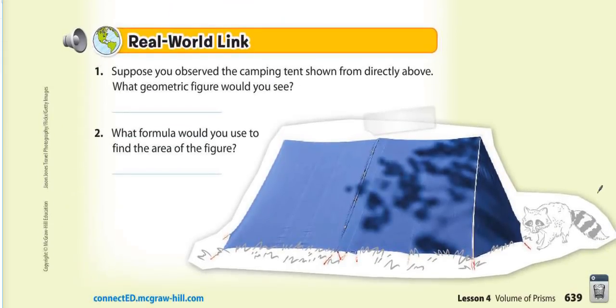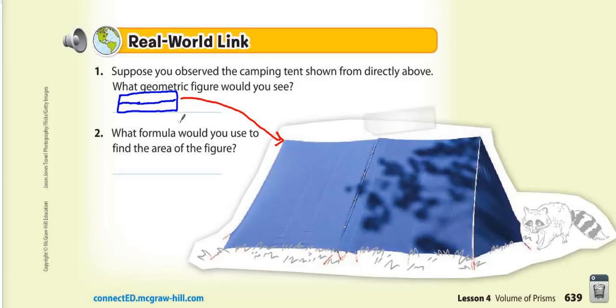So here's our real world link. Suppose you observe the camping tents from directly above. What shape would you see? And we've talked about this before. We've talked about the fact that the shape you would see is a rectangle. If you look directly down on it, rectangle, maybe with a line right there, and that line is the top of the tent.